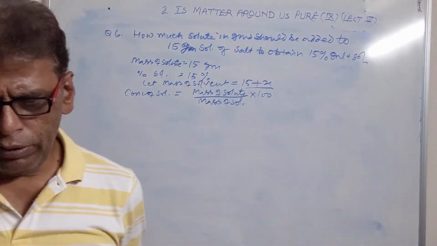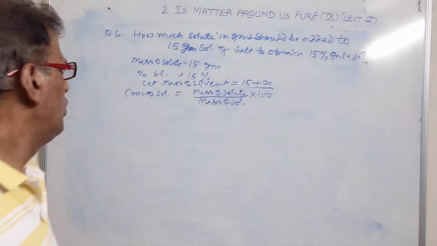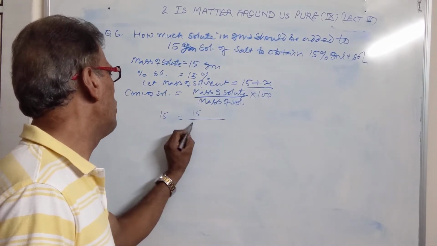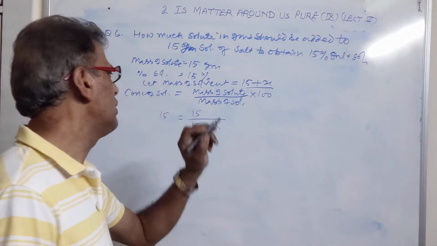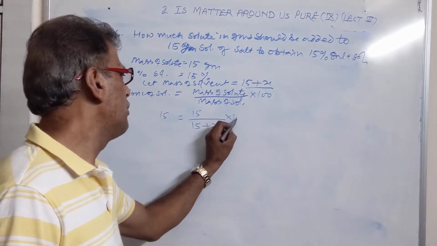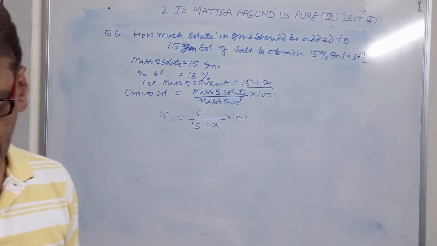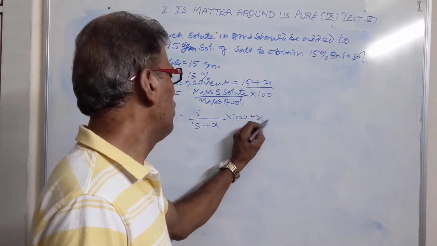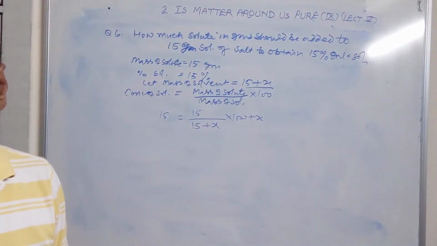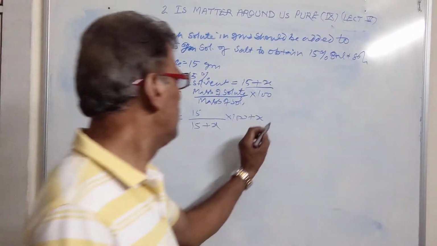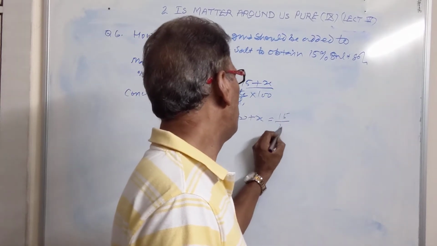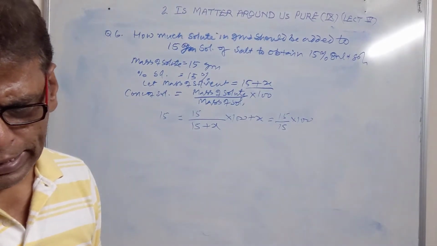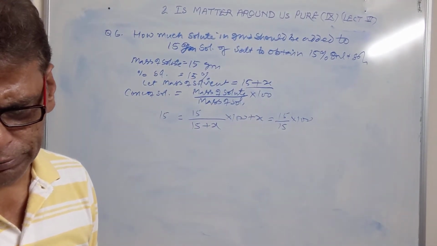Now we substitute the values. 15 is equal to mass of solute 15 upon 15 plus x, the mass of solution, multiplied by 100. Then we solve it. So now we get 15 upon 15 multiplied by 100 equal to x plus 15.